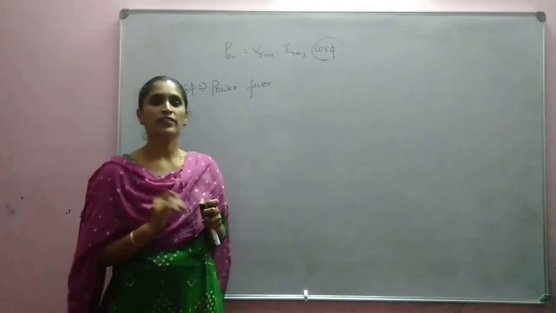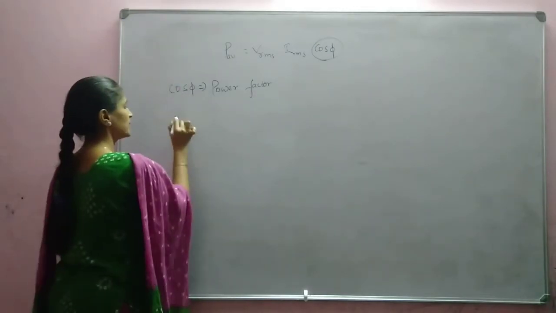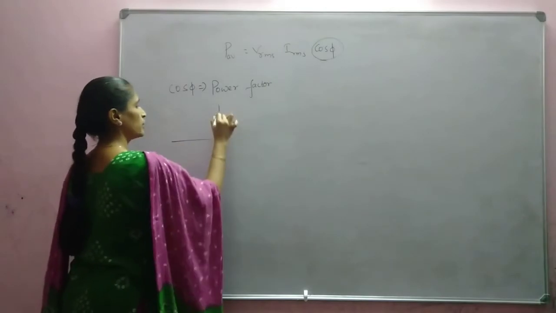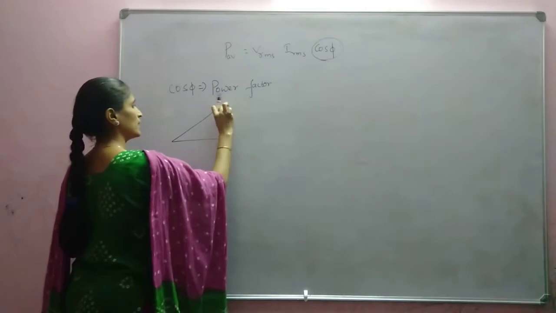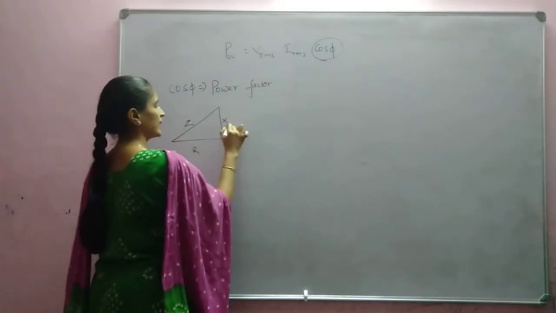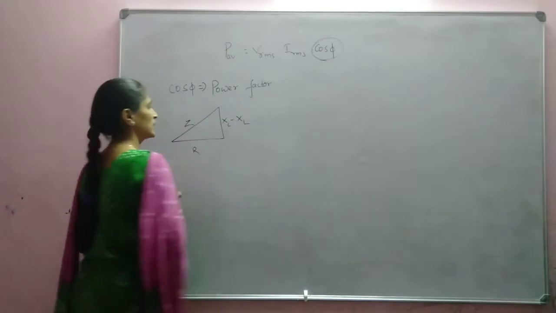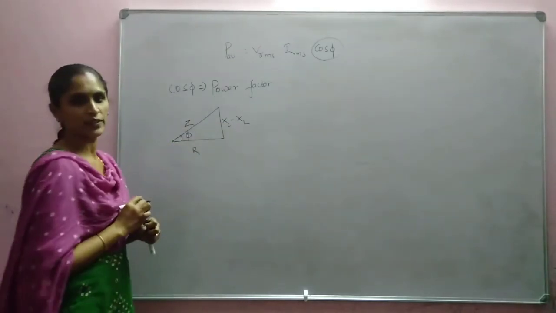If it is not given, how to find power factor? You can find power factor from the impedance triangle. So you may remember that impedance triangle. Here Z is there, here R is there, here XC minus XL is there, and this angle is phi. So now can you find cos phi?